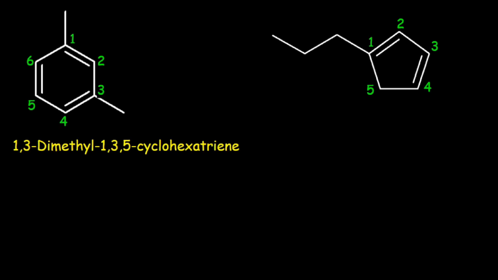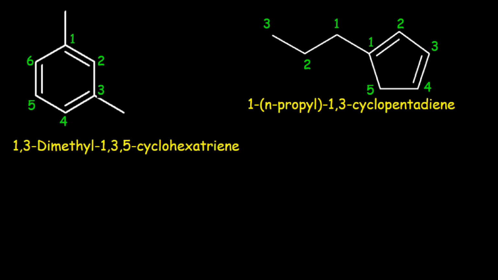The part of the molecule beside the heading part would also be numbered, and the numbering would start from the carbon which is attached to the heading part. 1, 2, and 3. This is an n-propyl group which is attached at the first carbon of the cyclic ring. So the name of this molecule would be 1-n-propyl, because the n-propyl group is attached to the first carbon of the heading part, so 1-n-propyl-1,3-cyclopentadiene would be the name of the molecule.